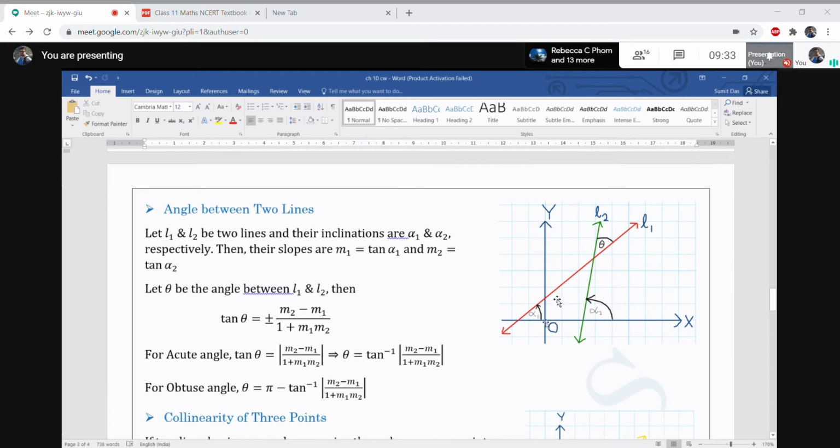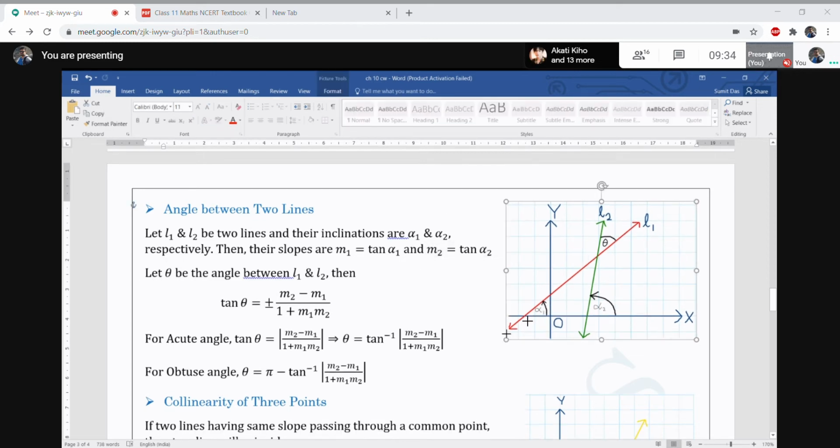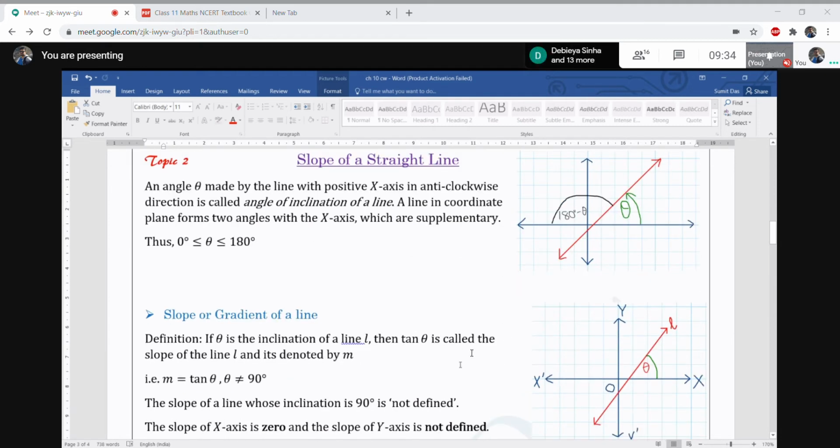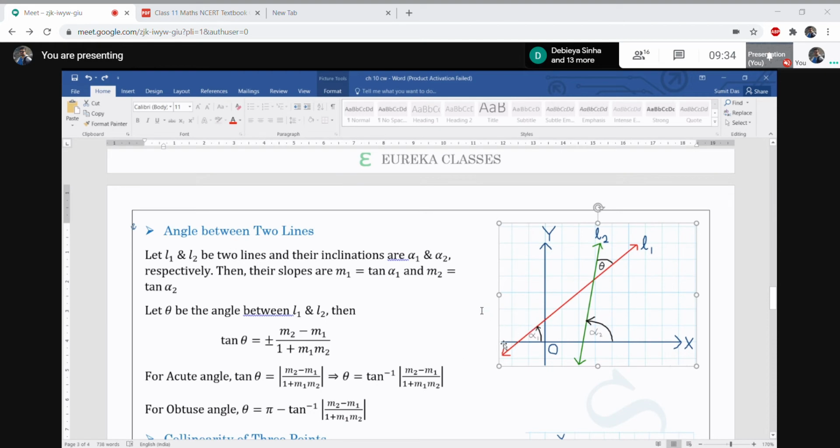They are not slopes, they are inclinations. Let L1 and L2 be two lines whose inclinations are alpha 1 and alpha 2 respectively. Then their slopes are m1 equals tan alpha 1, because the inclination is alpha 1, and m2 equals tan alpha 2, because the inclination is alpha 2.